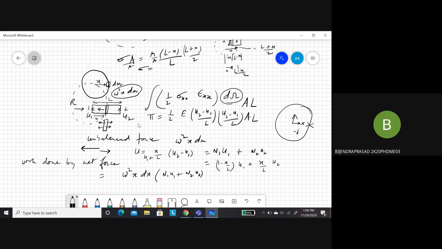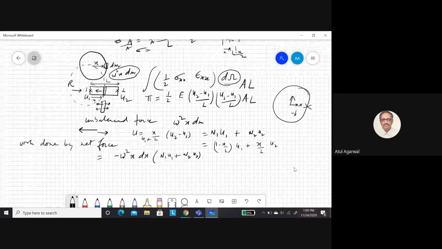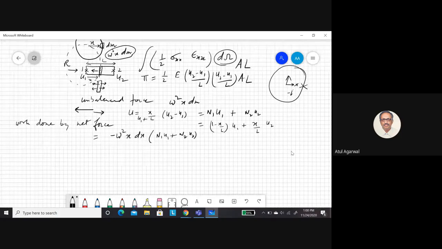Yes, sir, with a negative direction, there is a minus sign. So this is your work done by the net force, and this is the potential of external loads. How do you calculate pi?